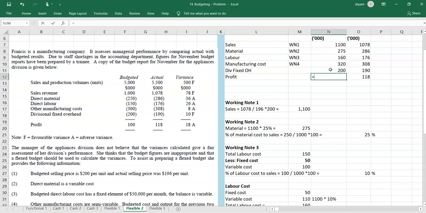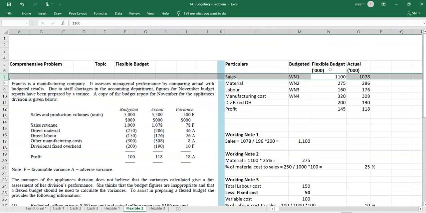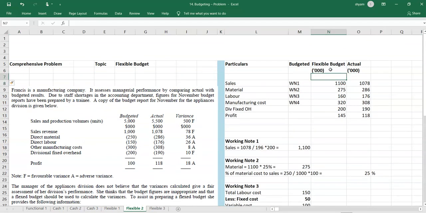Now we can find out the profit. I think we can just copy from here. So the profit should have been 145 for this many units. Units budget is 5,000.